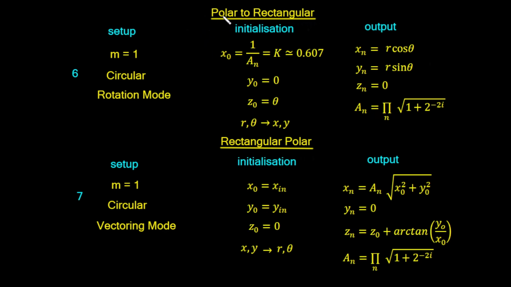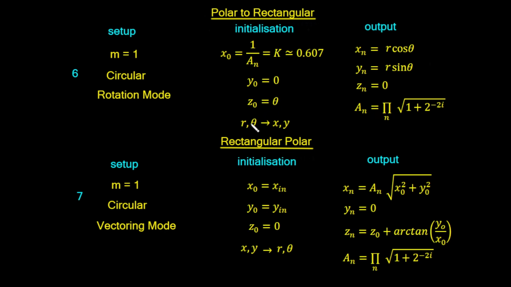So in order to go from polar to rectangular, that is, we're going from r and theta to some rectangular values x and y, the setup is m is equal to 1, so we're in circular, and if we use it in rotation mode, we can set the x0 is equal to 0.607 and the z0 is the angle of theta. So in effect, this value here is a value for our r, and this value here is a value for our theta.